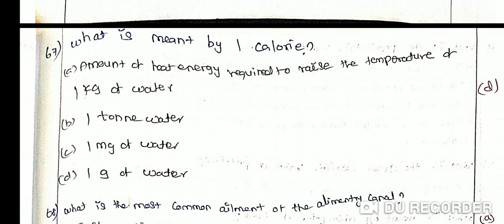Option D, amount of heat energy required to raise the temperature of 1 gram of water. The correct answer is option D, 1 gram. Heat energy is often measured as a calorie or joule, which is the amount of heat energy required to raise the temperature of 1 gram of water by 1 degree Celsius.